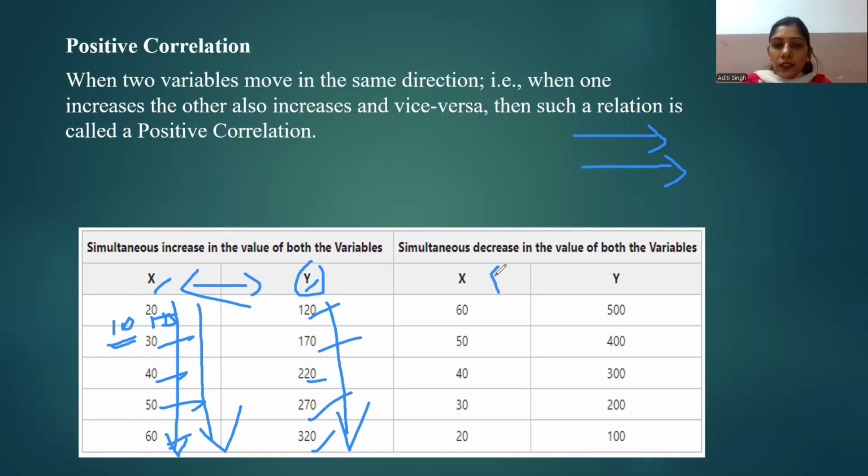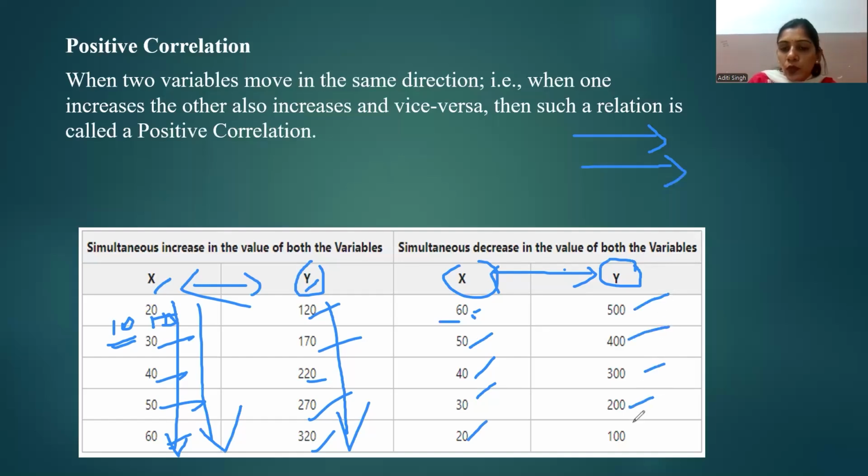As you can see in this example, both the variables are decreasing. Variable x is decreasing by a difference of 10: 60, 50, 40, 30 and 20. Similarly, variable y: 500, 400, 300, 200 and 100.